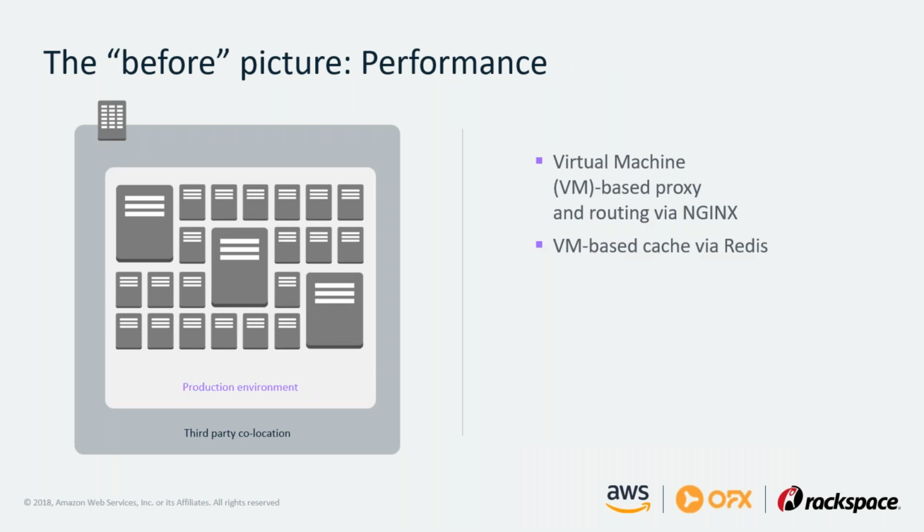Also in the before picture, there were a couple things causing some performance issues. First of all, as their router or proxy, they were running Nginx on virtual machines. Now, Nginx is a great product, and this is not to say running Nginx is the bad thing, but for them specifically, there was not a lot of Nginx knowledge in-house.